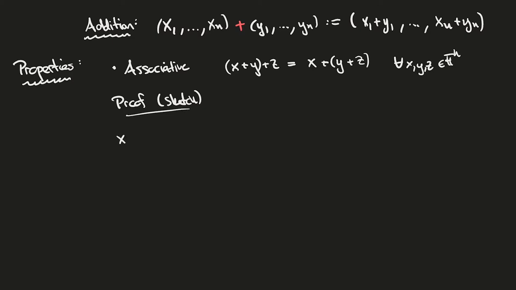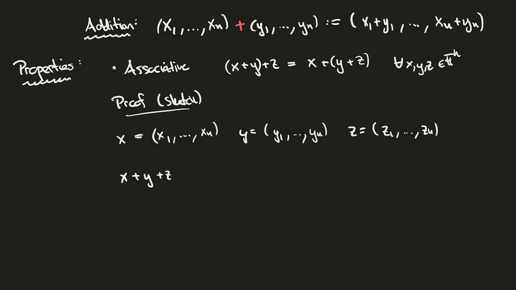If we call x x1 up to xn and y y1 up to yn and z z1 up to zn, then x plus y plus z bracketed in this way is equal, if we just replace x, y, and z with the coordinate definitions we gave above, to x1 up to xn, y1 up to yn, z1 up to zn.